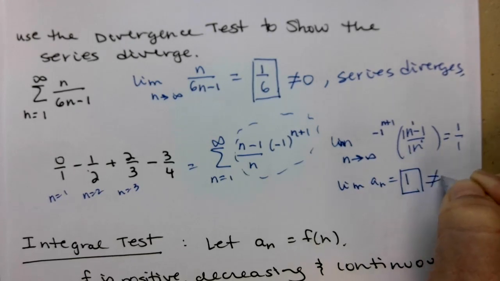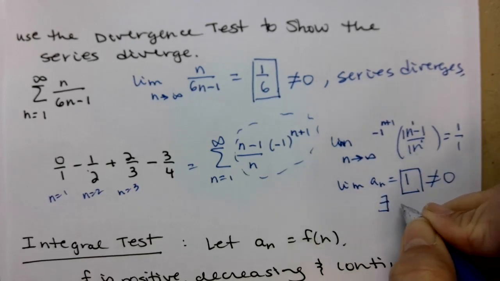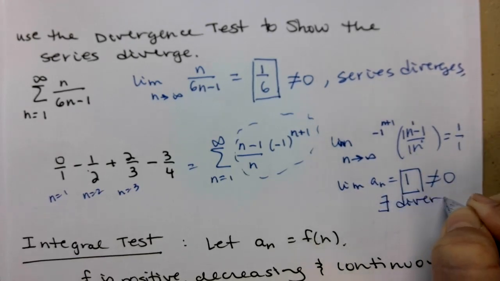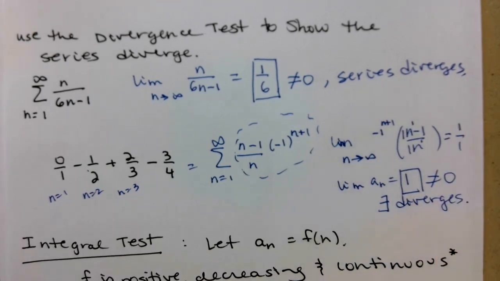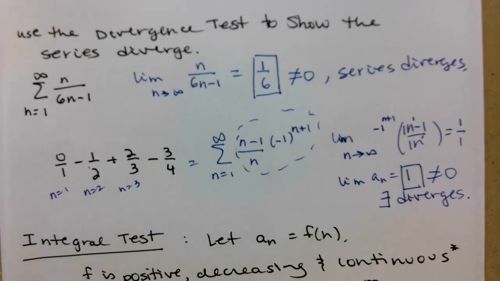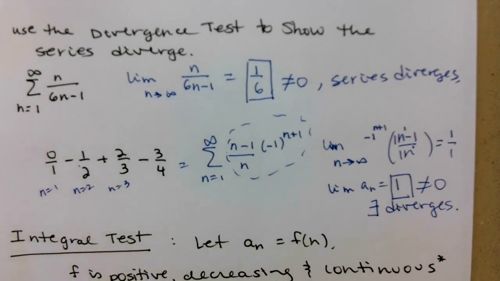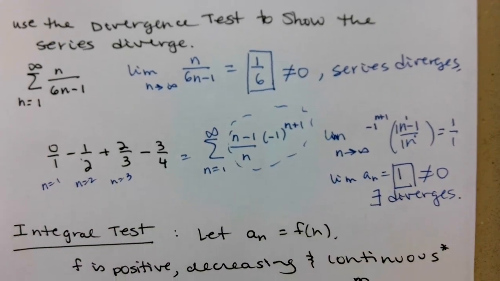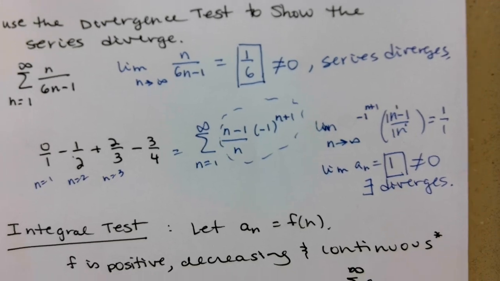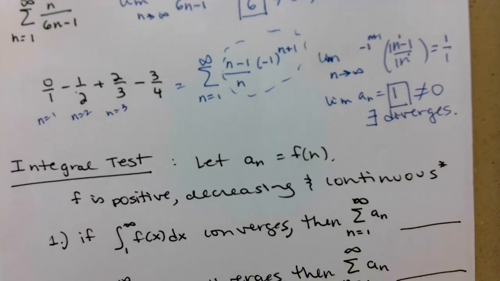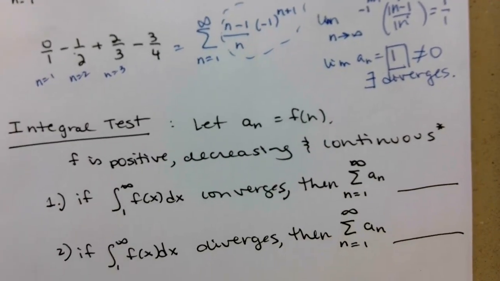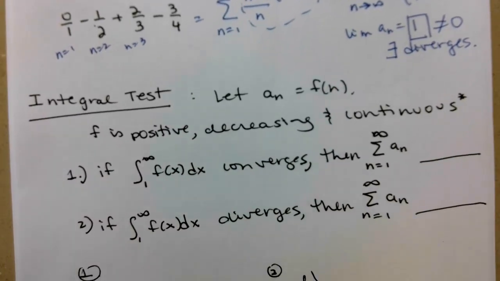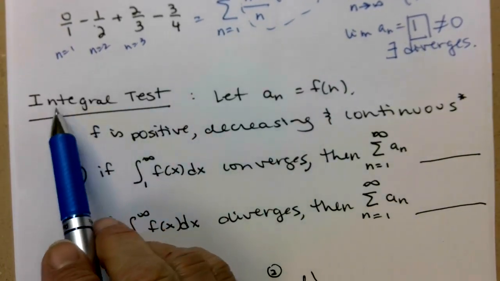Also not 0, therefore the whole series diverges. Okay, and if you go back to the geometric series, if you think about that constant ratio being greater than 1, it's this idea here. The nth term would not go to 0, it would keep getting bigger.